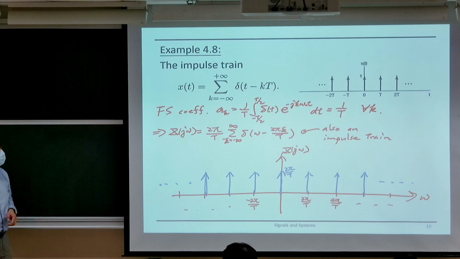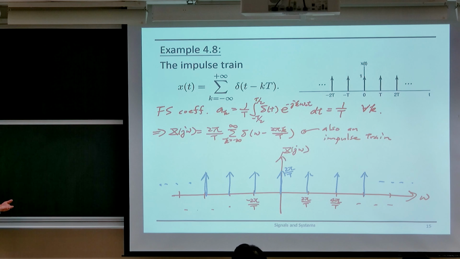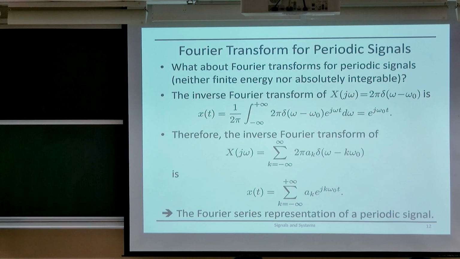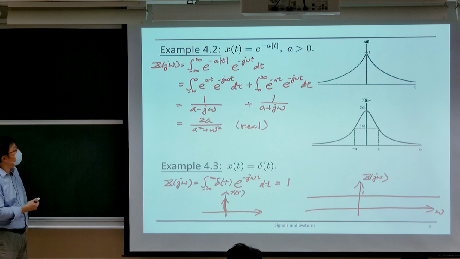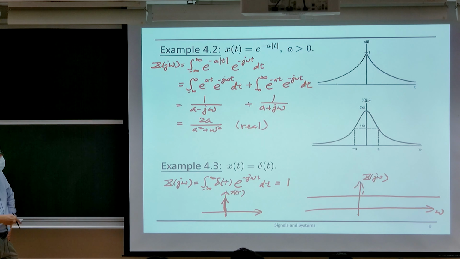So most of these examples are pretty straightforward if you just apply the Fourier transform formula. The reason I went through them one by one is because these are very common cases that you will see repeatedly later on. You will see cases with decaying exponentials, either one-sided or two-sided. You will see examples of a delta function.